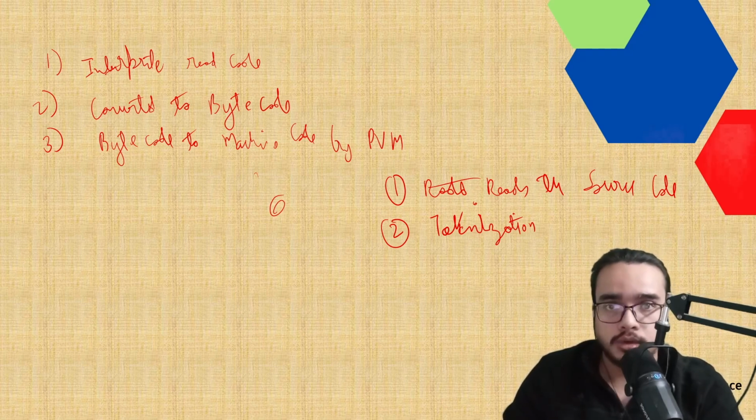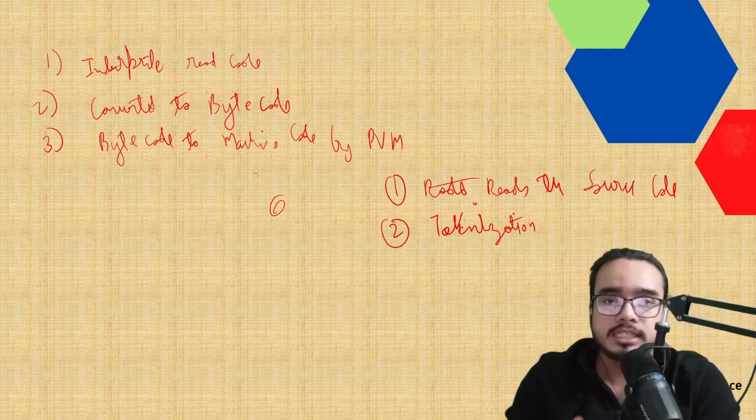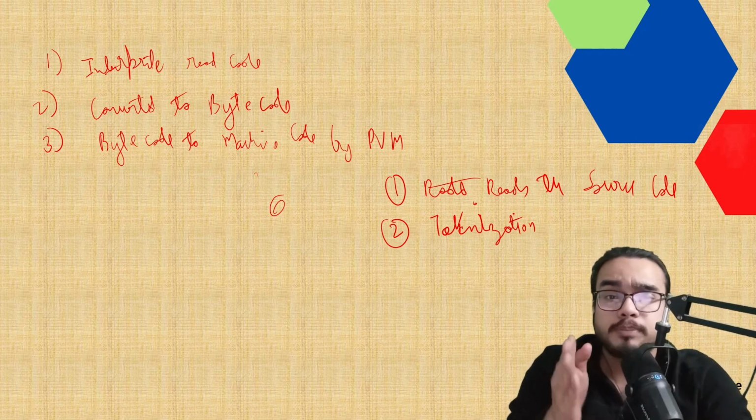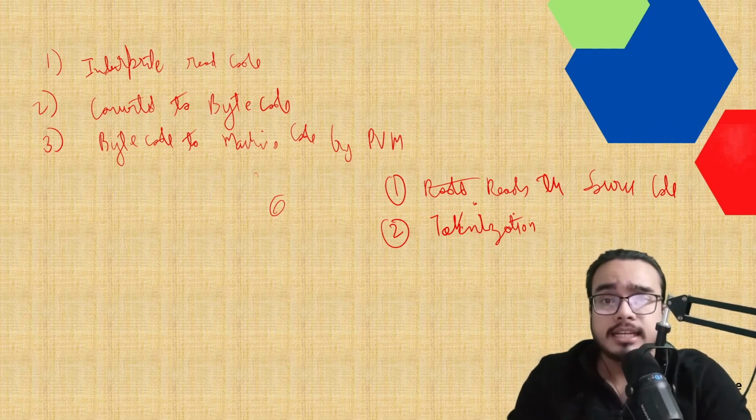Second, it's portable, which means once the bytecode is generated, it doesn't matter what OS you are using. The same bytecode can be run on Linux and on Windows. So it's platform independent. And this bytecode is then executed by the PVM.